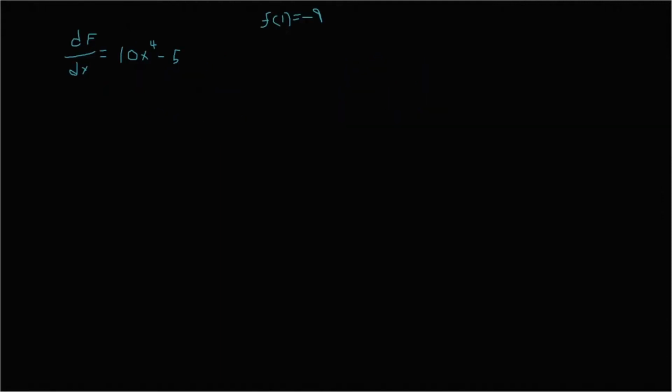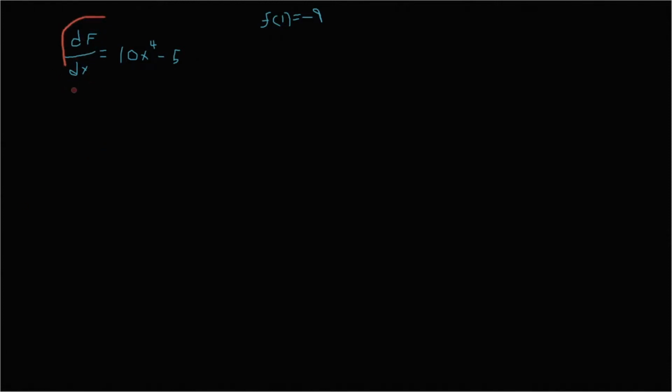Alright, so now we're going to use our knowledge of integrals and derivatives and solve this differential equation. We have a function's derivative, df dx, and we want to find f of x, the original function. So what we can do is abuse, in a sense, the notation here.